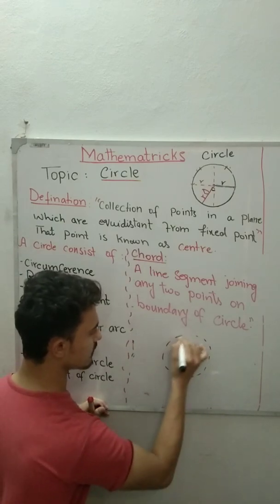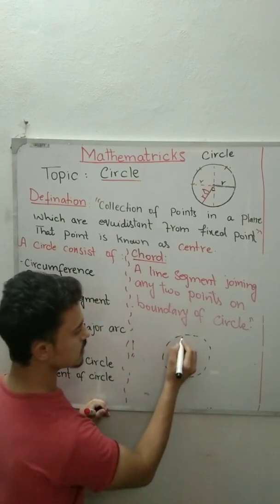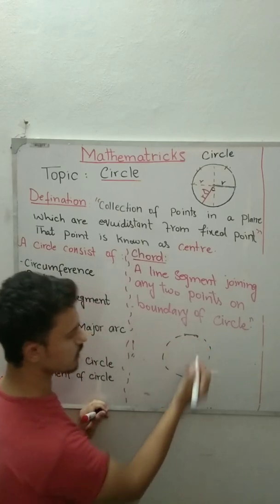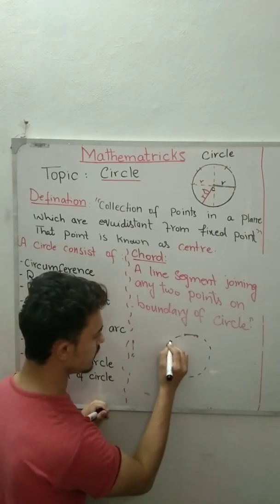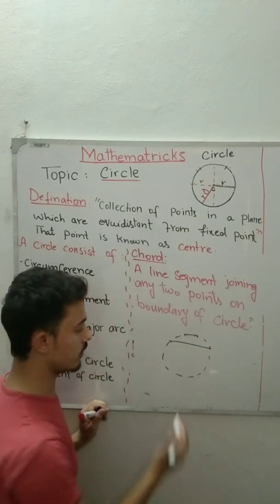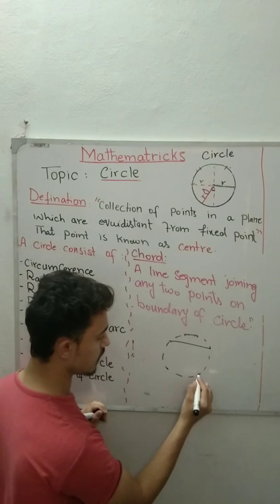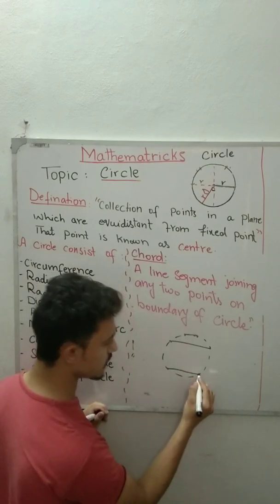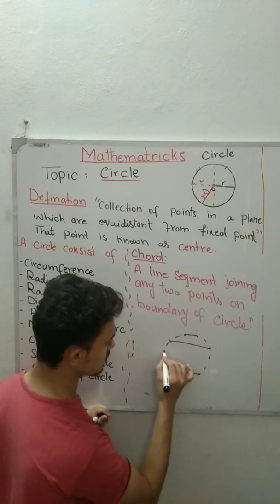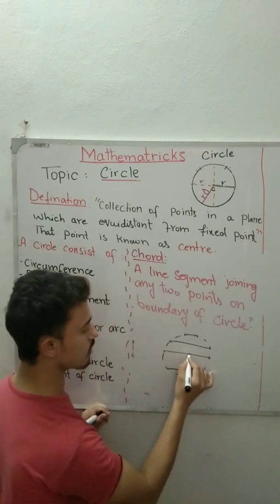I have my circle here. Suppose these 2 points, just join them, and it is known as a chord. A point here, a point here, join them, this is a chord. Another point here, a point here, join them, this is a chord.